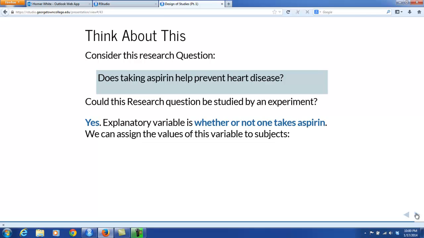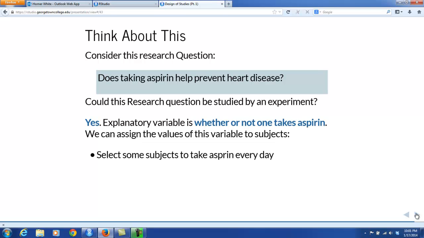If we could get people to agree to a particular regimen, a particular set of rules, so that when they enter the study, they know that they will either be asked to take aspirin every day for some period of time, or they will be asked to refrain from taking any aspirin at all for that period of time. If we could get people to agree to that in advance, then we could make the assignment for each person.